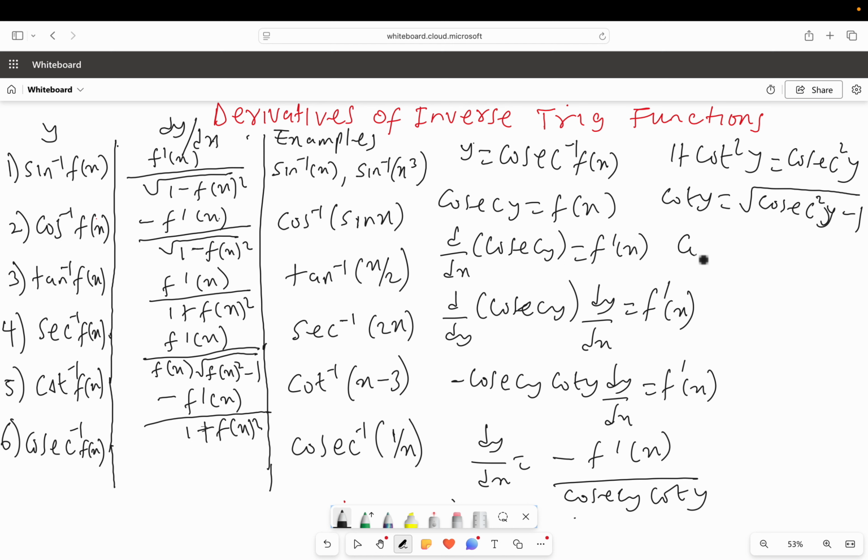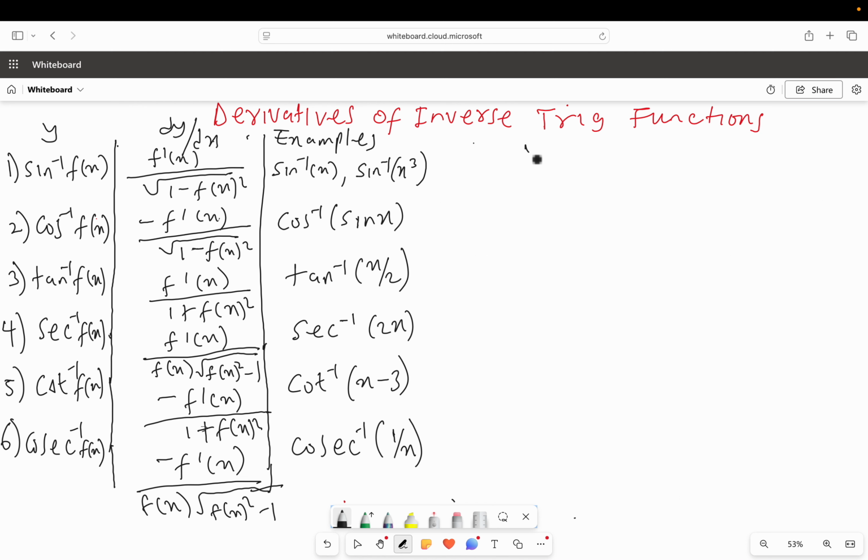So it means my cot y will just be the square root of f of x squared minus 1. So if I make the substitution here, my derivative will just be minus f prime of x all over my cosec y, which is already f of x, and my cot y is this part, so it will just be the square root of f of x squared minus 1.